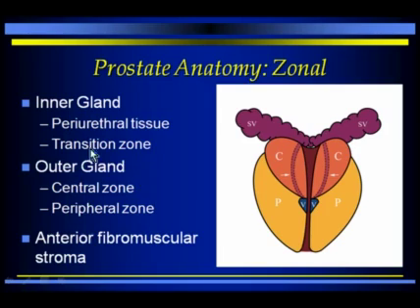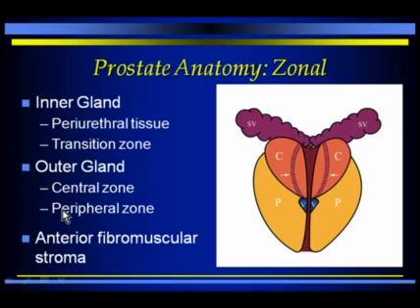Now, each one of these zones has glands that open into the urethra. So there are prostatic secretions that end up in the urethra from each one of these zones. So the four glandular zones are the periurethral zone, the transition zone, the central zone, and the peripheral zone. The periurethral and transition zones are part of the inner gland. The central and peripheral zones are part of the outer gland.